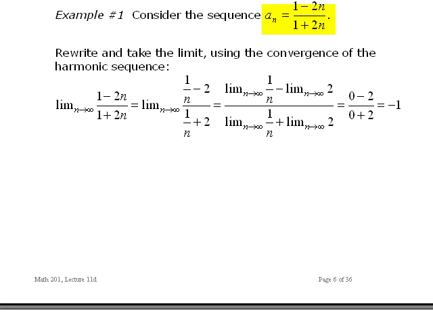When you have fractions like this, divide by the highest power of n. I get 1 over n, a harmonic sequence, minus 2, over a harmonic sequence, plus 2. The limit of the harmonic sequence is 0, so this limit is 0 and this limit is 0. Minus 2 over 2 gives the result minus 1.